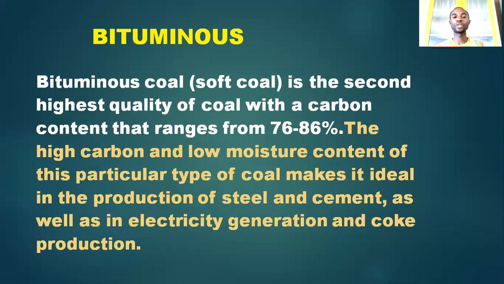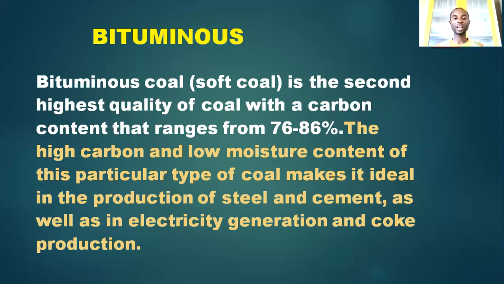All right, bituminous coal. This bituminous coal is also a soft coal, but is the second highest quality of coal with a carbon content that ranges from 78 to 86% in abundance.